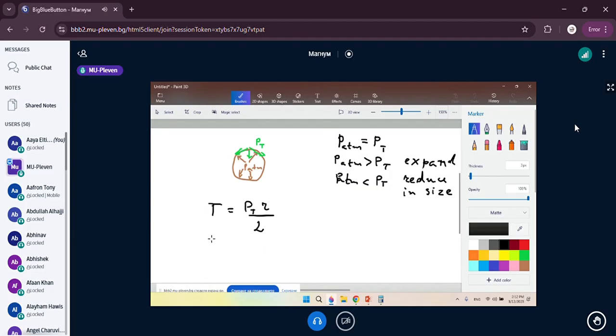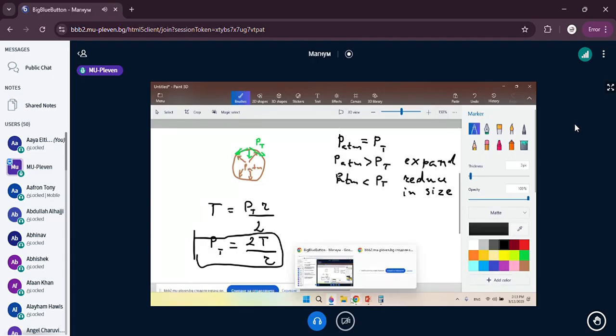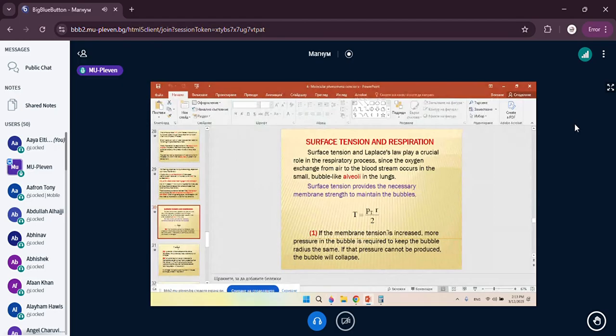From here, we can express that pressure being twice T divided by R, for the sake of discussion. So, let us now see the text. Suppose the membrane tension is increased. What would happen?